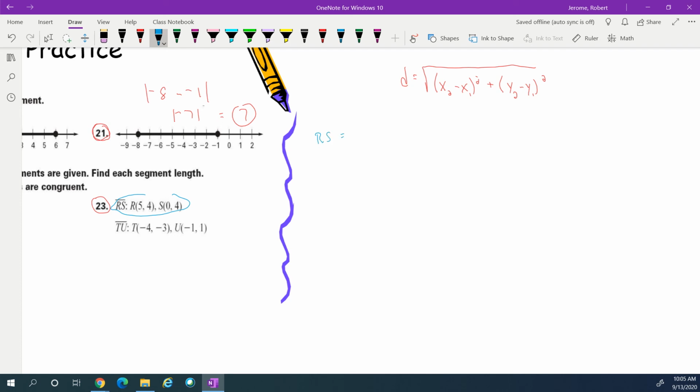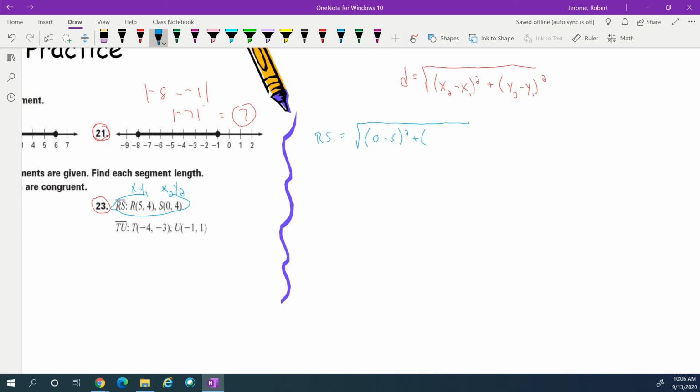So RS equals. Now again, we need a point 1, point 2. Since they're just laid out there, I'm going to call this x1, y1, and x2, y2. So I'm just going to use them in the order that they were given. I have a square root, x2 minus x1, so that's going to be 0 minus 5 quantity squared.